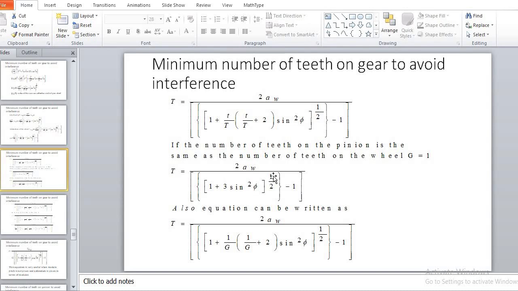We can also write this equation in terms of the gear ratio G, since t by t is nothing but 1 by G. So this is the minimum number of teeth on the gear to avoid interference.